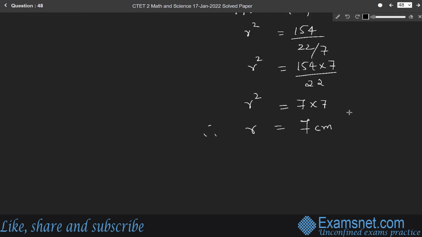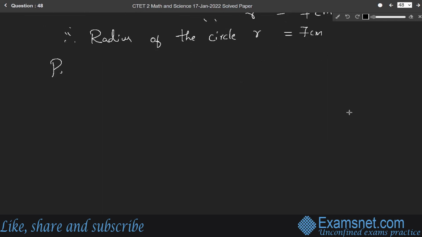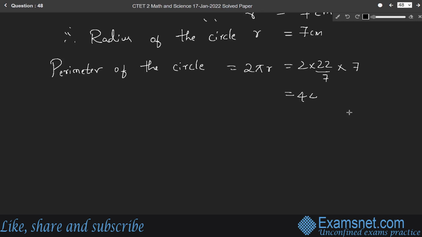Okay. Therefore, radius of the circle R is equal to 7 centimeter. So perimeter of the circle is equal to 2 pi r, which is 2 into 22 by 7 into r is 7, which is 44 centimeter.